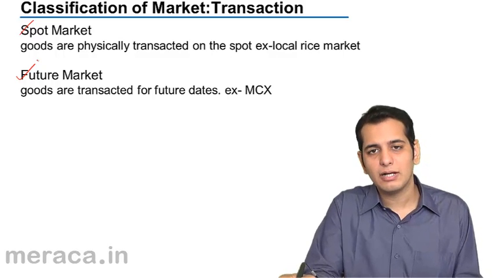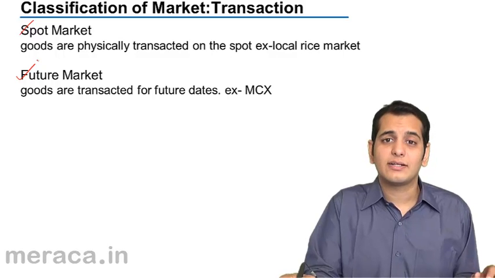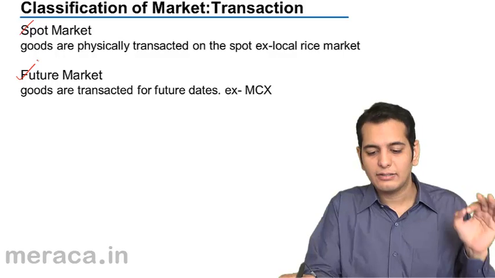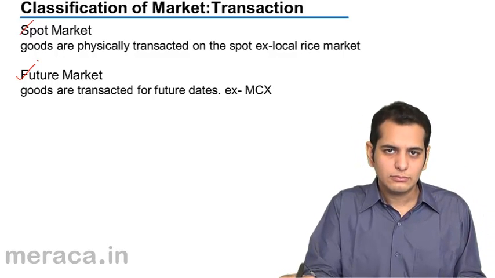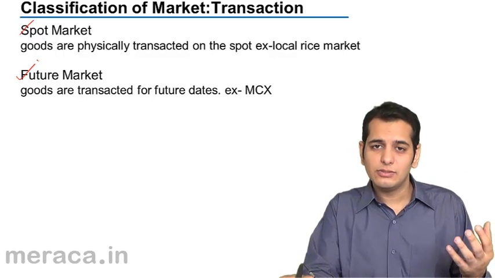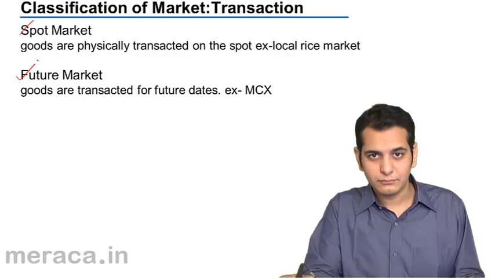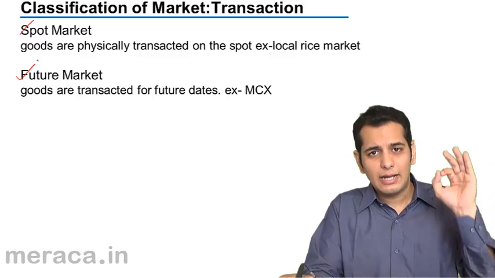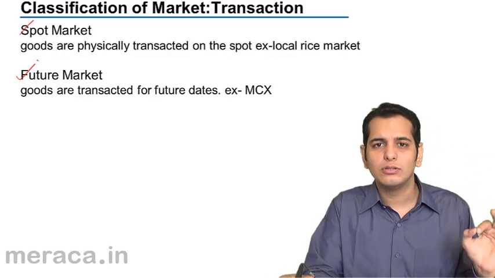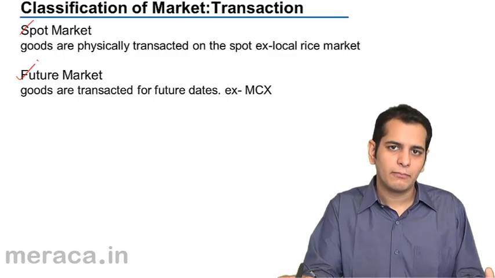Spot market is a market where the goods or services are transacted on the spot, at that point only. It's not like the transaction is about delivery of goods at a future price. You buy the goods at that point, you make the payment at that point on the spot. Such a market is called the spot market.